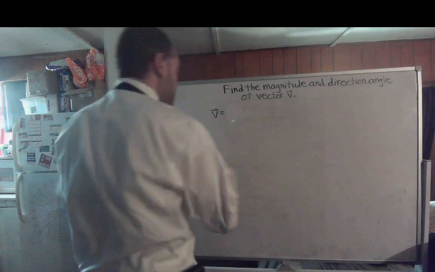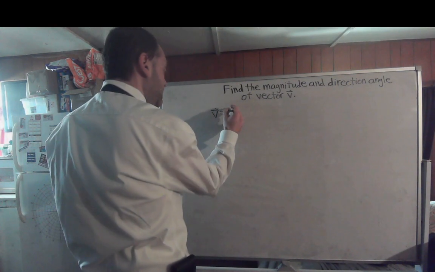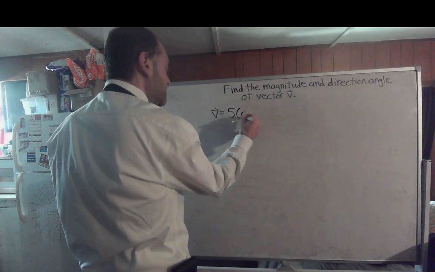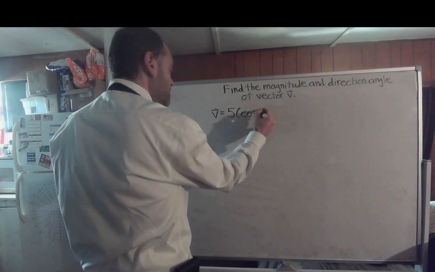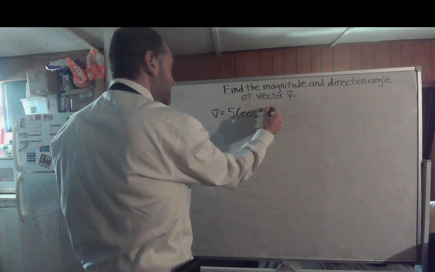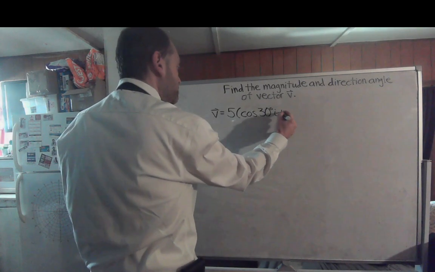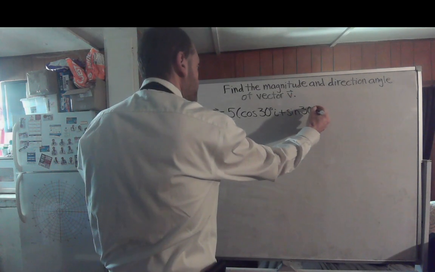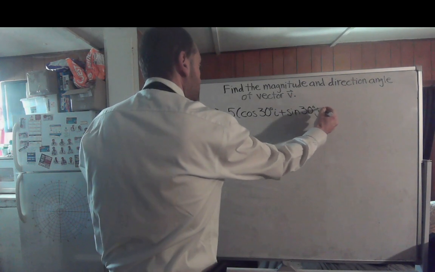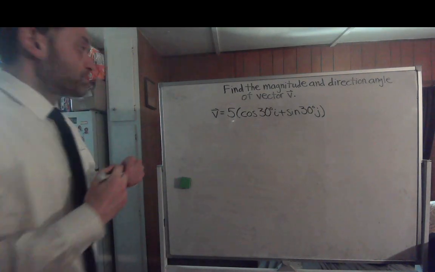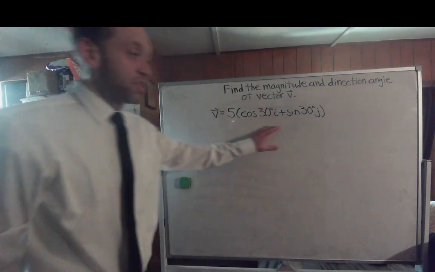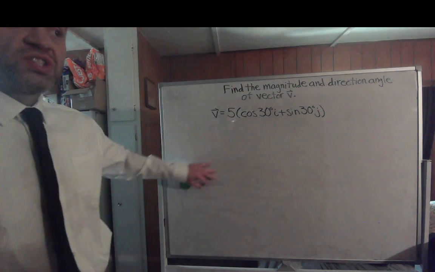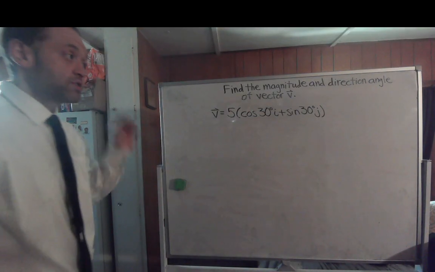For the first one, vector v has a magnitude of 5 times the quantity of the cosine of 30 degrees i plus the sine of 30 degrees j. As you see in the parentheses, this is in linear combination form, which is still a very valid form for the vector.